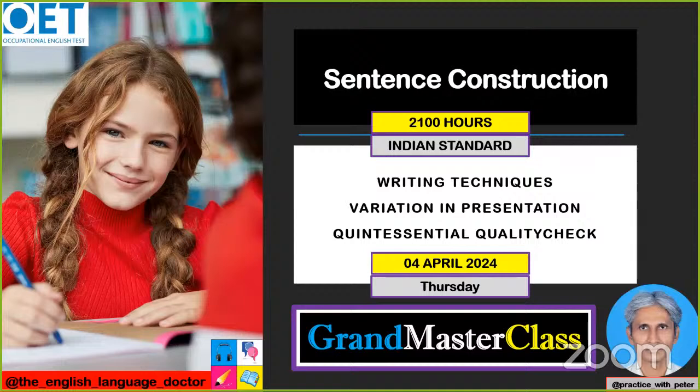Today we are conducting a writing session. Sentence construction. Writing techniques, variation in presentation, quintessential quality check.